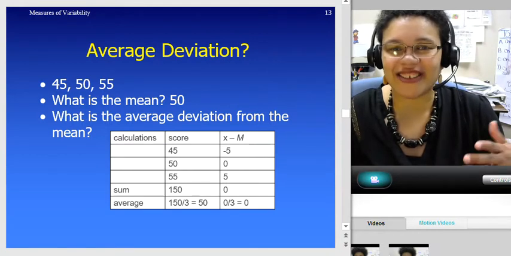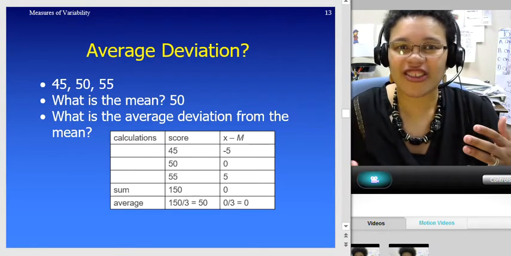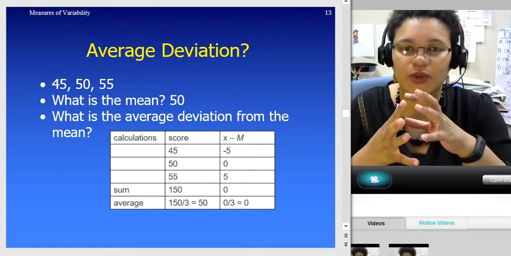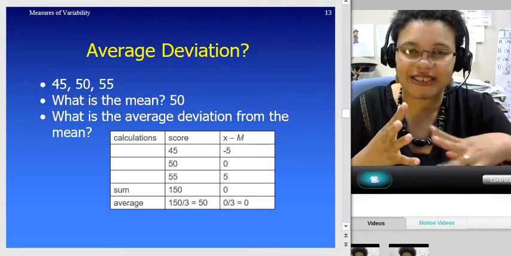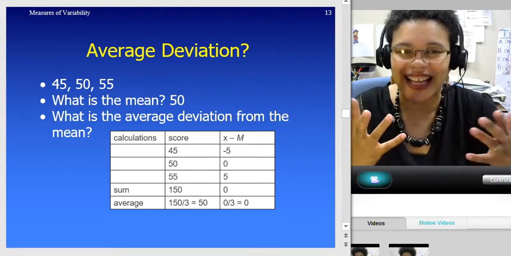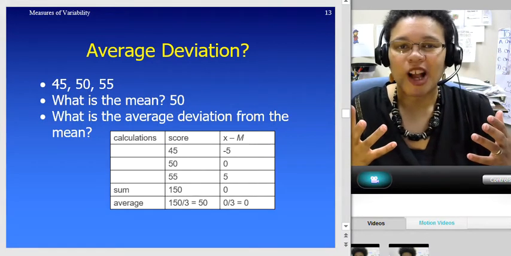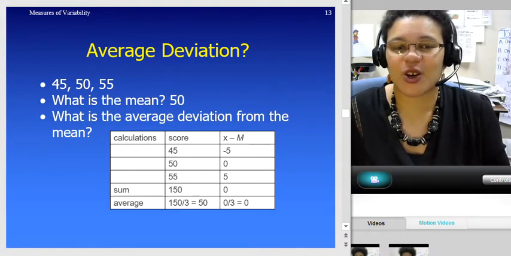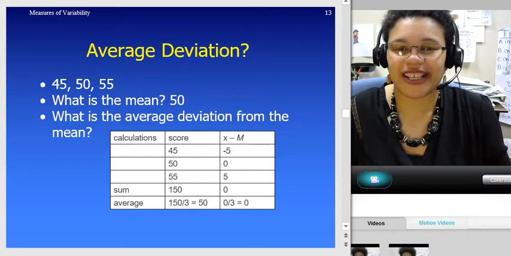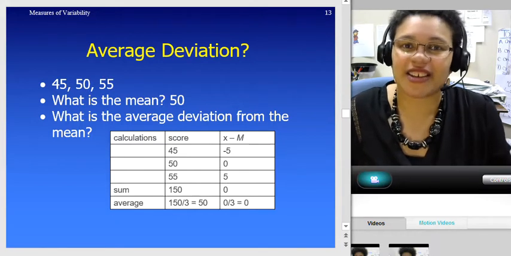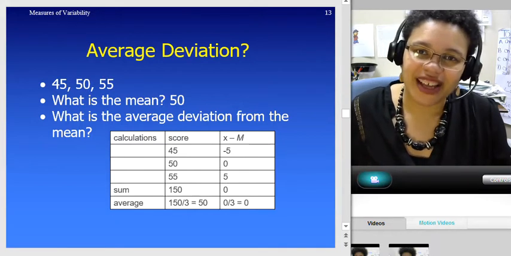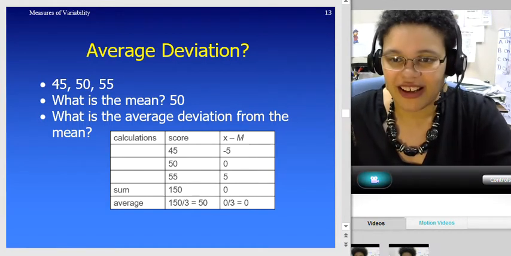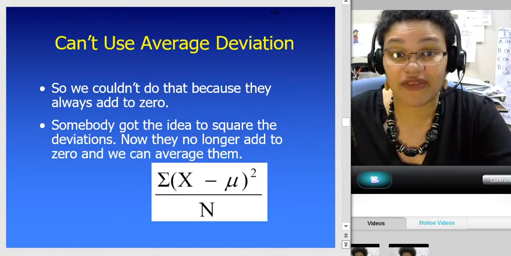The deviations of the scores that fall below the mean are going to add up to the same thing as the deviations above the mean. And so you can't really average the deviation, because you have these positive deviations and these negative deviations, and they cancel each other out. So how do we solve that problem?